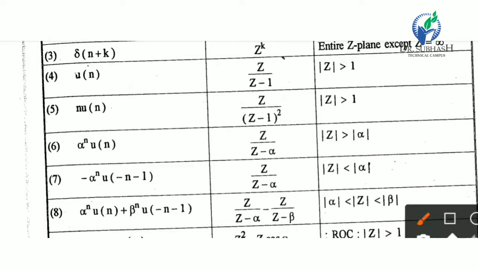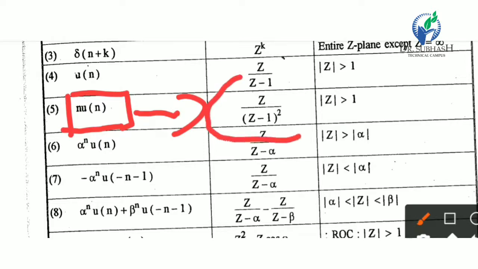For n u of n, any value multiplied with u of n means causal, all the one values. For n u of n, the Z transform is z divided by z minus 1 the whole square, and the ROC is mod z greater than 1.